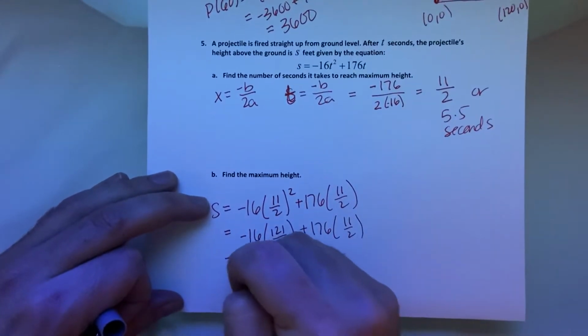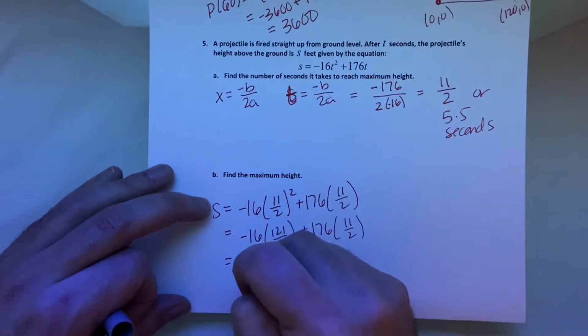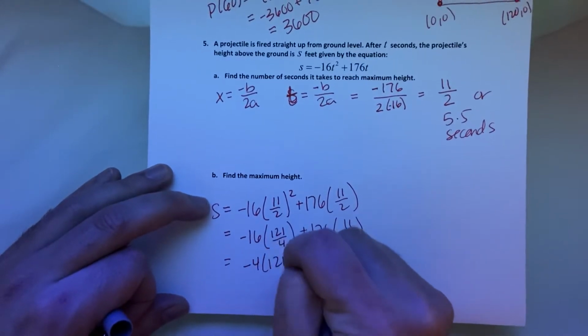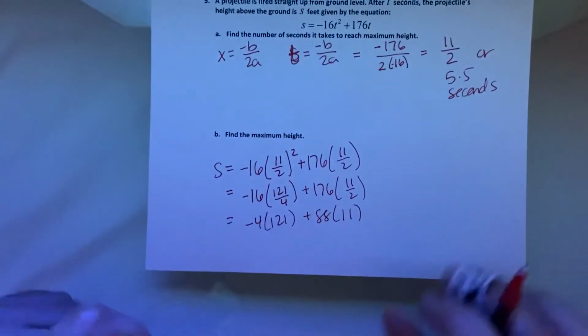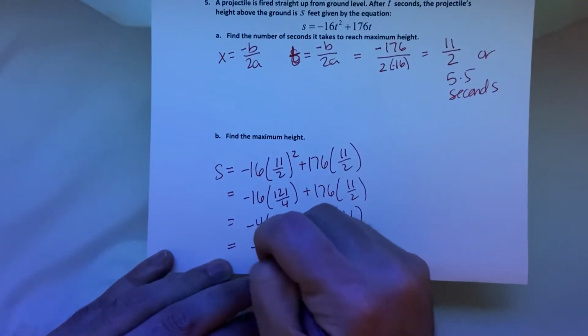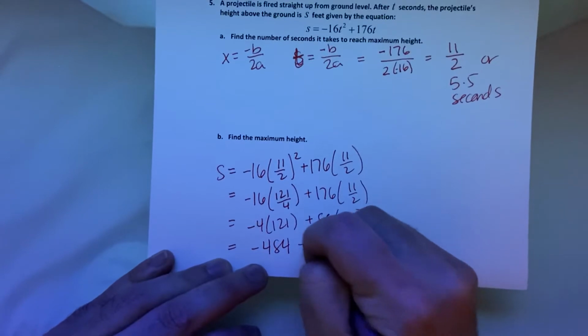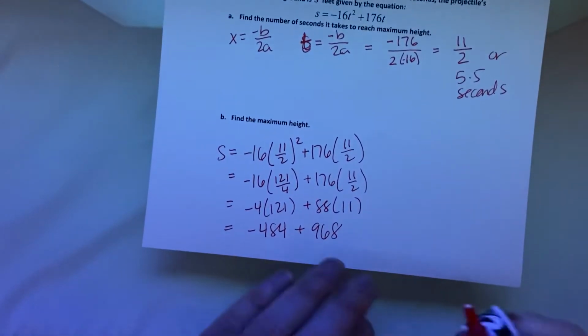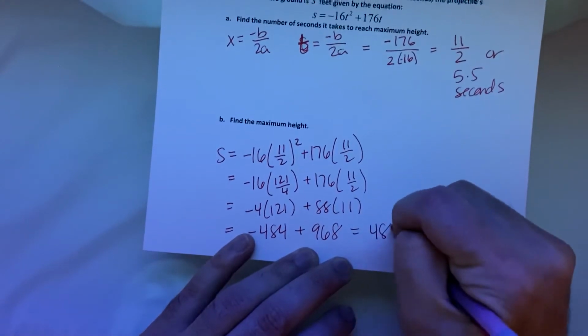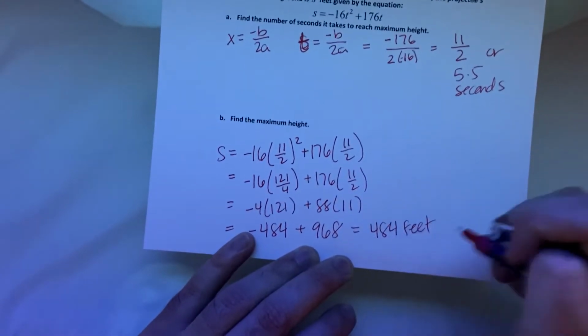We can reduce. Negative 16 divided by 4 is negative 4 times 121 plus 88 times 11. Now we multiply. This is negative 484 plus 968, which is positive 484 feet.